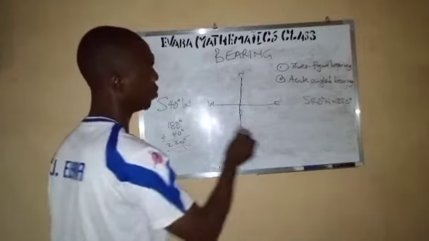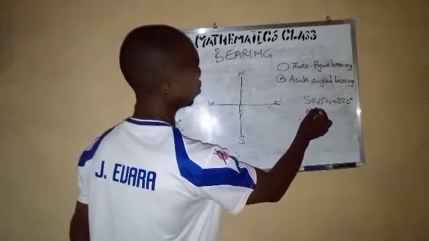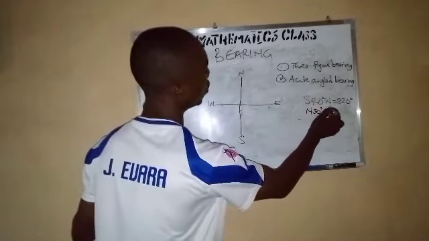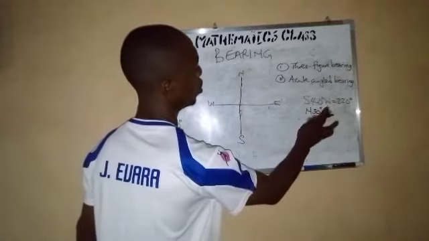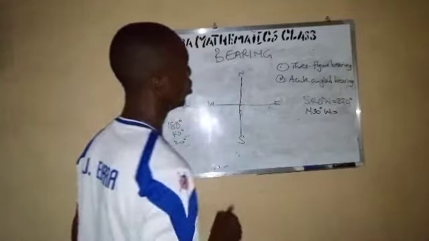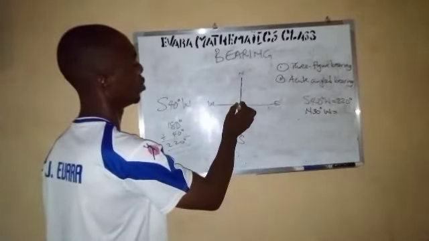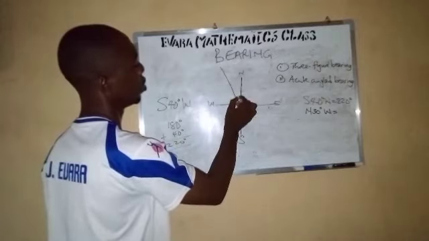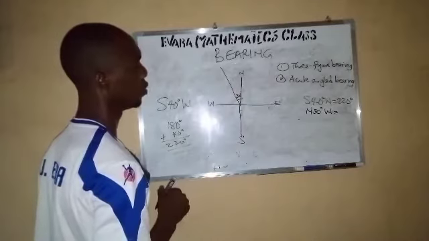If we have north 30 degrees west. This is northwest. This is 30 degrees.